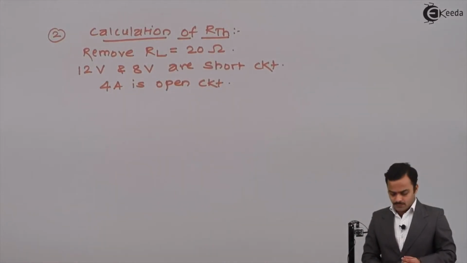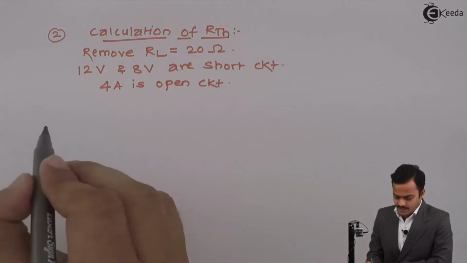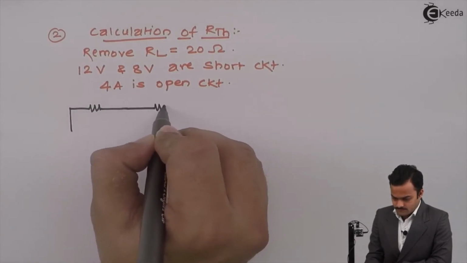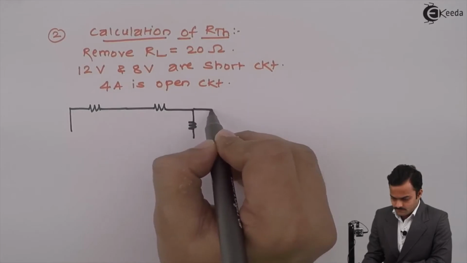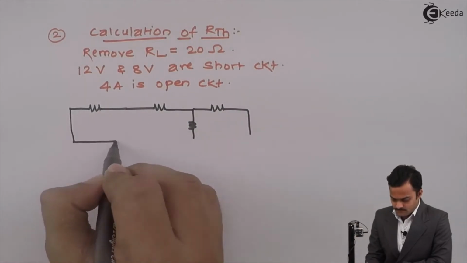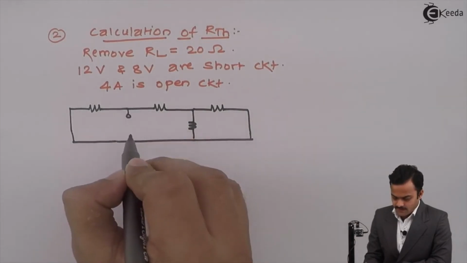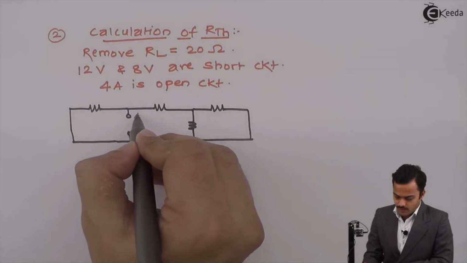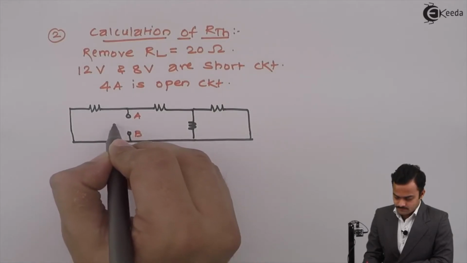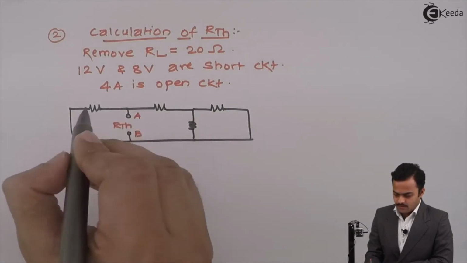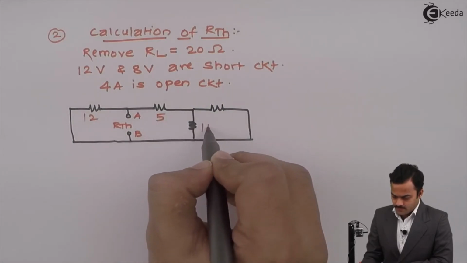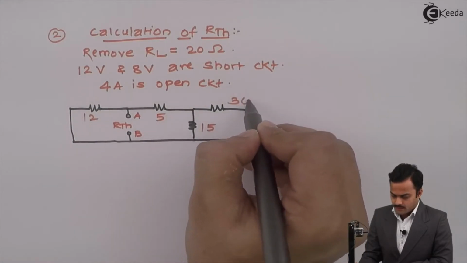So if I consider these modifications to the original circuit, I will get a circuit like this. These are the two terminals A and B across which we are supposed to find RTH. These are the resistances 12, 5, 15 and 30.